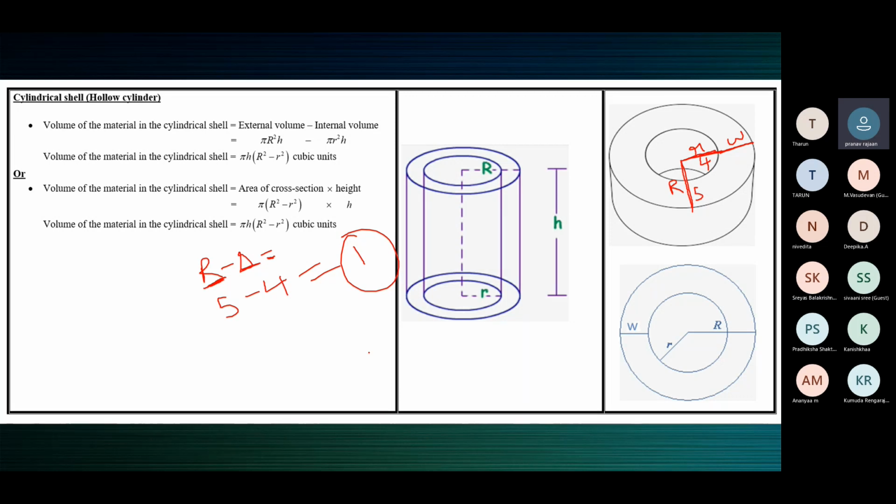No. Ma'am, is that W, ma'am? Deepika, is it? Yes, ma'am. Yes, Deepika, you're right. It represents W, the thickness of the wall.